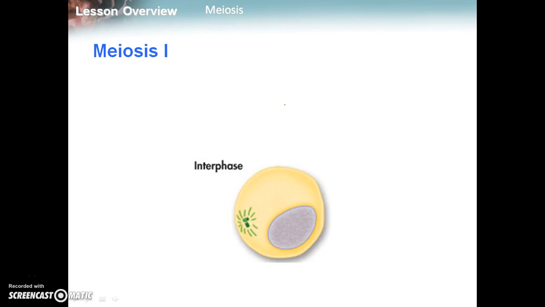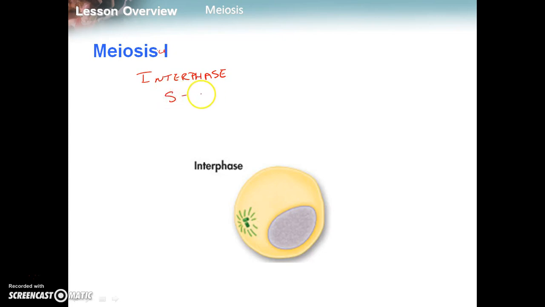Meiosis is going to be prefaced by what we call interphase 1. During interphase 1, there's going to be a period of growth, and after that period of growth, we are going to have an S phase.